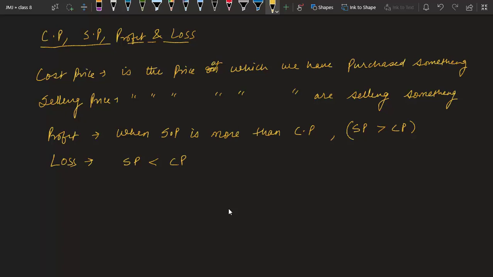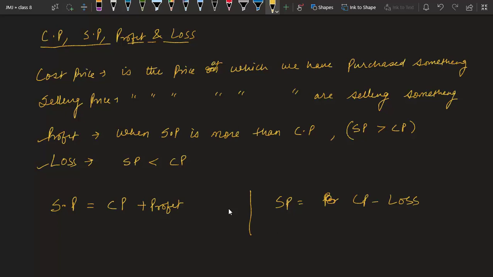Now let us take other things, the formulas. We know the formula of selling price can be given in two ways, one with profit, one with loss. Selling price is cost price plus profit, and selling price is cost price minus loss.